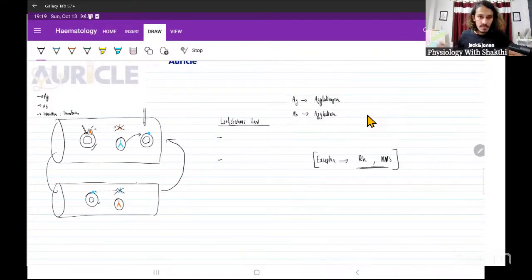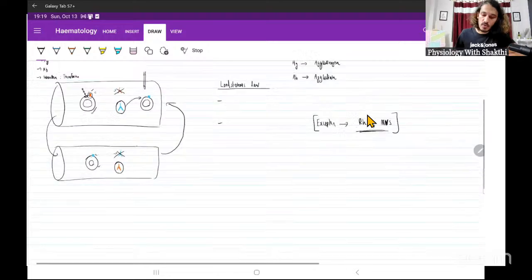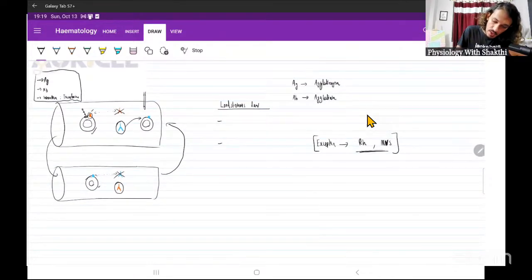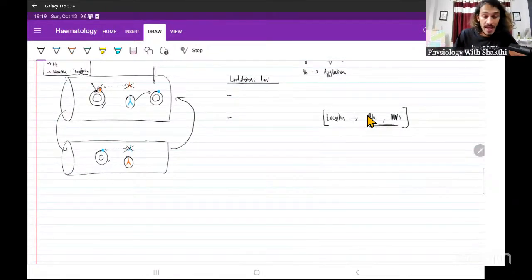Now we'll come specifically into discussing these three headings that we were talking about with regard to the ABO blood group system and your RH. These two are not the only blood group systems which are present. Apart from that, you have Kell, Lutheran, Duffy, MNS, multiple different types of blood group systems.